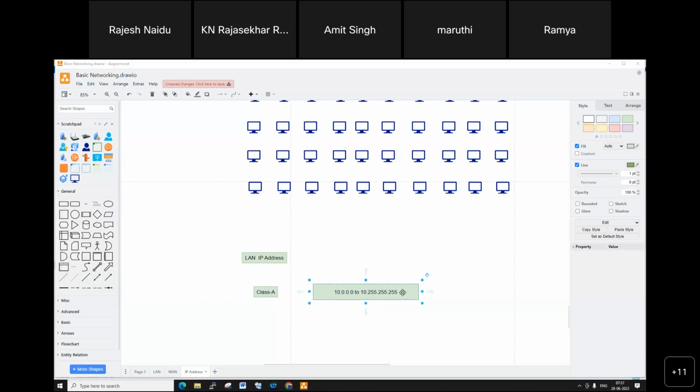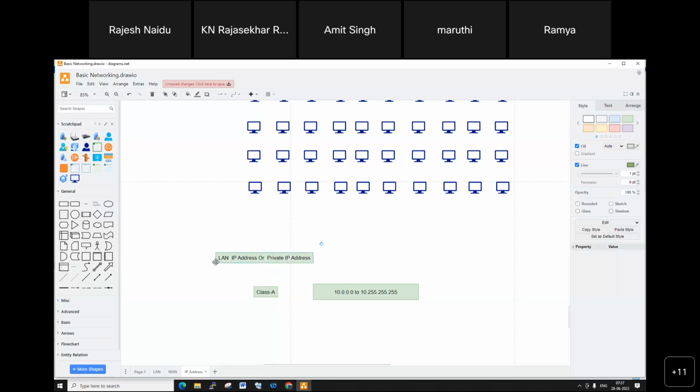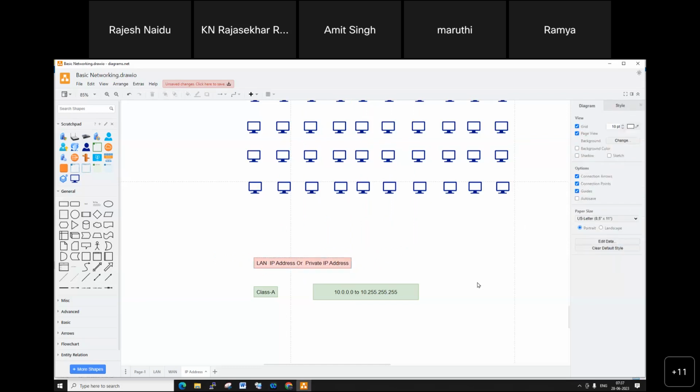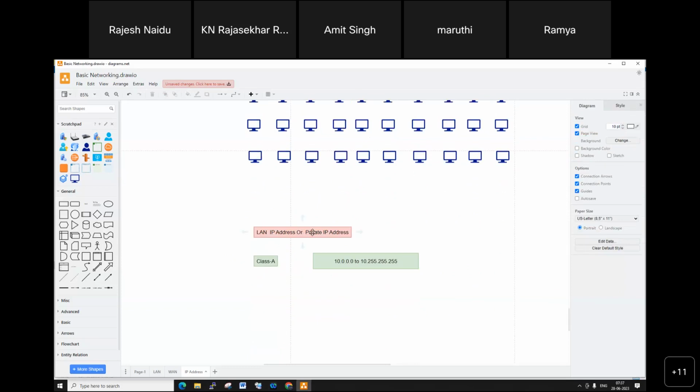Officially we call them public addresses and private addresses. LAN addresses are also called private IP addresses. What is the meaning of a private IP address? It is only for internal communication: within the LAN network, within the building, within the floor, the connected systems communicate only among themselves. Outside systems will not be able to communicate unless you have an internet connection.